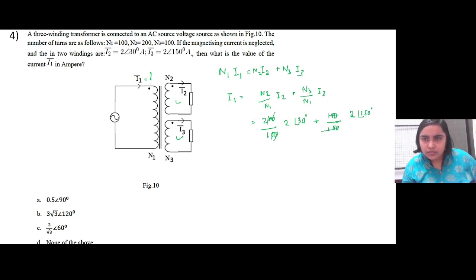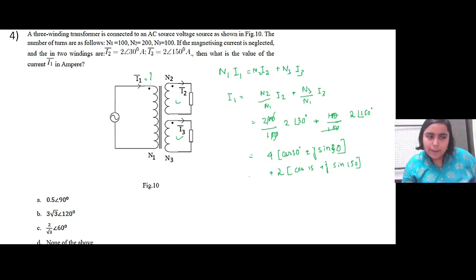So it is 4 (cos 30 plus j sin 30) plus 2 (cos 150 plus j sin 150).